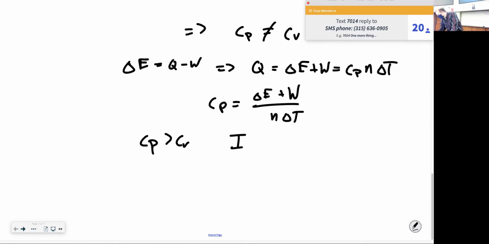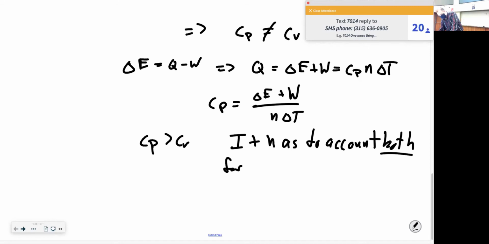It has to account both for the fact that your total energy is changing, and for the fact that your gas is doing some work and therefore losing some energy by doing that work. So it takes more heat energy in to enact that same delta T if you're changing at constant pressure, by increasing the volume.